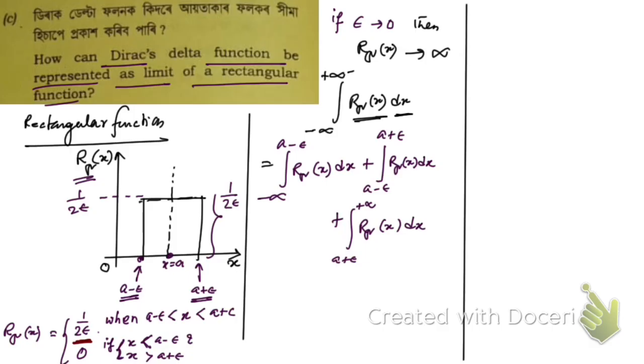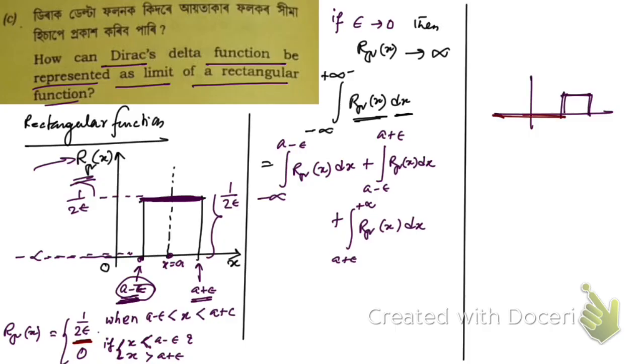Now from this graph you can see that from minus infinity to this point, a minus epsilon, the value of this function is 0. The graph touches this height at this point. You can see the graph like this. This is the graph of the function, right?